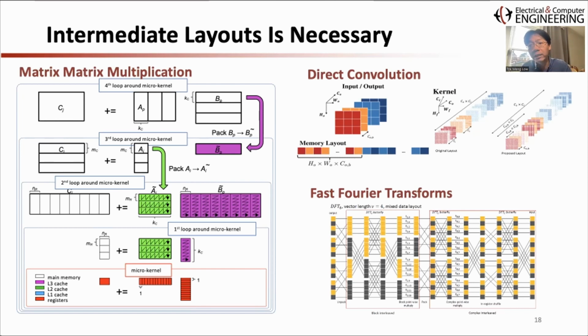As we move the data through the memory hierarchy, we are not just reading them. What we do is we often read them, pack them into a specialized buffer in a particular data layout so that we get streaming accesses, so we get good cache locality.